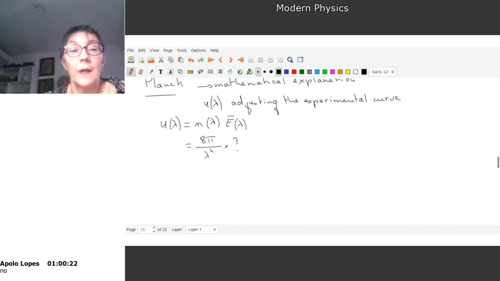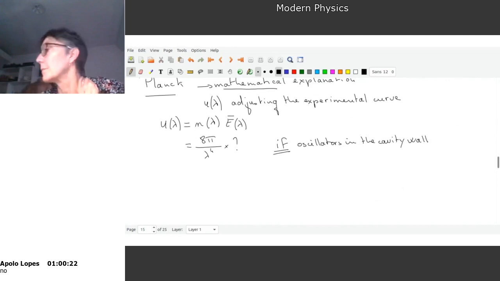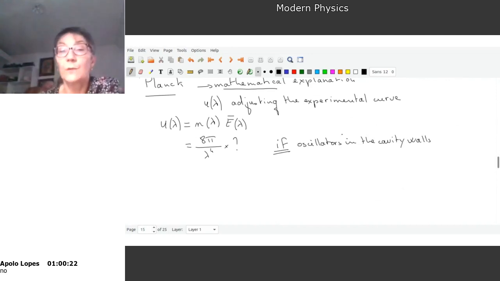But Planck calculated, and this was really a mathematical explanation, because he showed that if you say that the oscillators in the cavity walls only oscillate at certain frequencies.